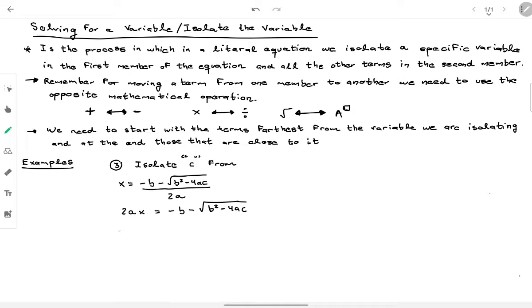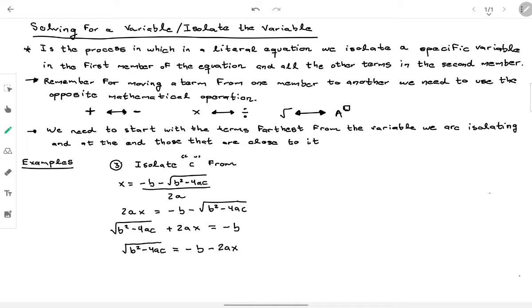So it's going to be the square root of B squared minus 4AC, positive, plus 2AX equals minus B. After that, we can send the 2AX that is in an addition as a subtraction to the other side, and it's going to be the square root of B squared minus 4AC equals minus B minus 2AX.